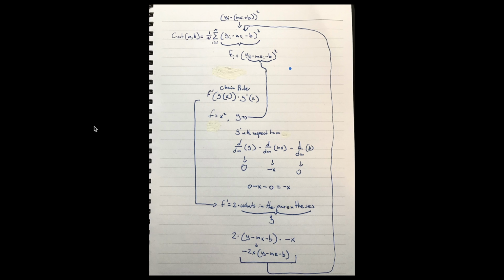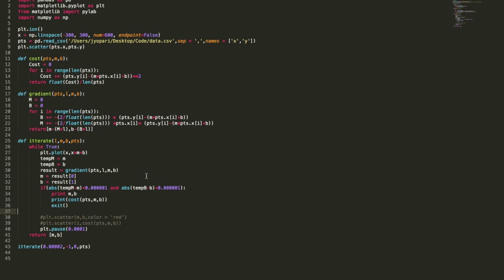So now let's look at the code, and I'm going to walk you through this. We're just going to import pandas to read our CSV file, and matplotlib to graph the lines and the points, pylab to graph the line, and numpy to help with making that line.